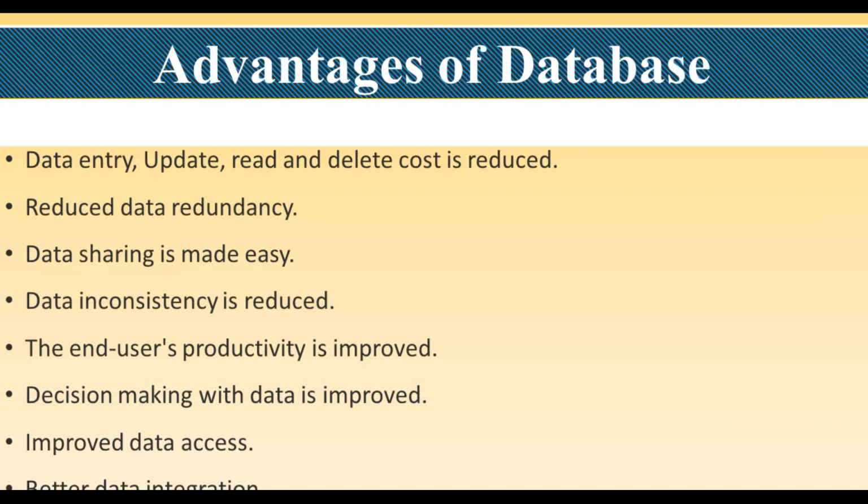Now the advantages of a database. The first advantage: data entry, update, read, and delete are cost reduced, students. Whenever we enter data, update data, read data and delete data, it is cost reduced. The second thing, reduced data redundancy. Students, redundancy means duplicacy of data. In a normal flat file, we can enter the same detail again and again.